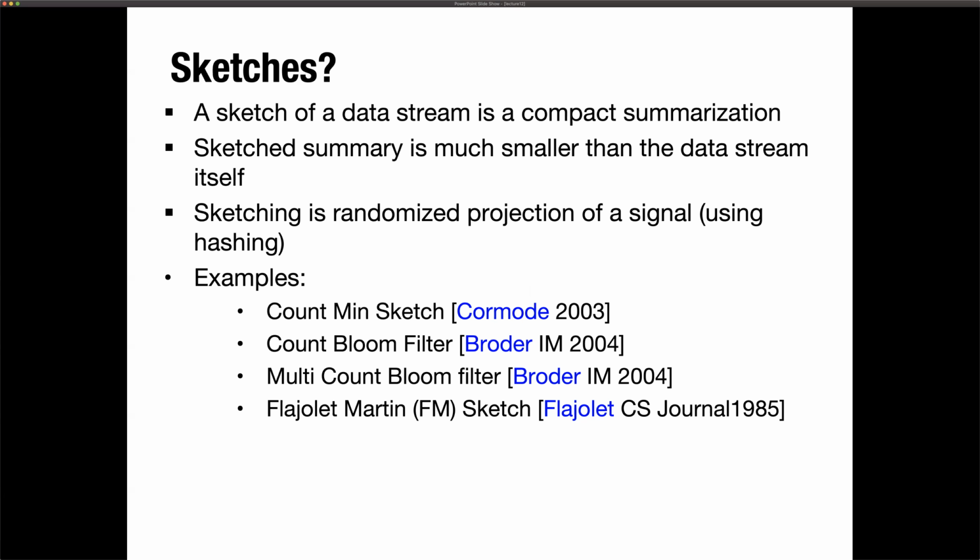Sketches were very popular in terms of theoretical exploration. But I would say around 2013, 2014, there was great interest in these sketches because P4 and the PISA targets coming out around that time offered a great amount of flexibility, in which a wide range of sketches can be implemented in the data plane.